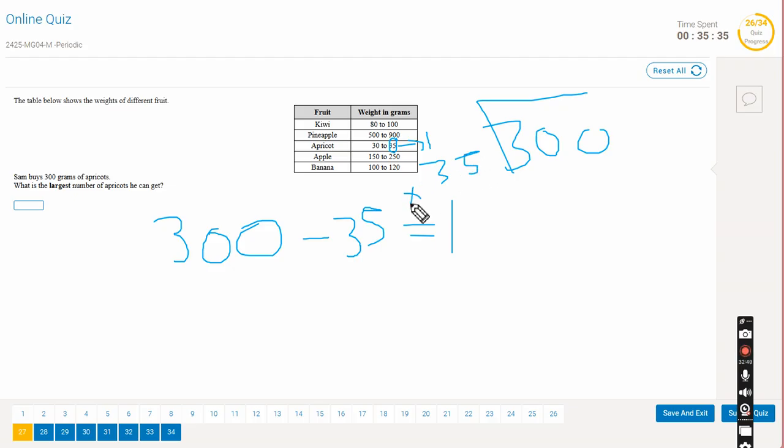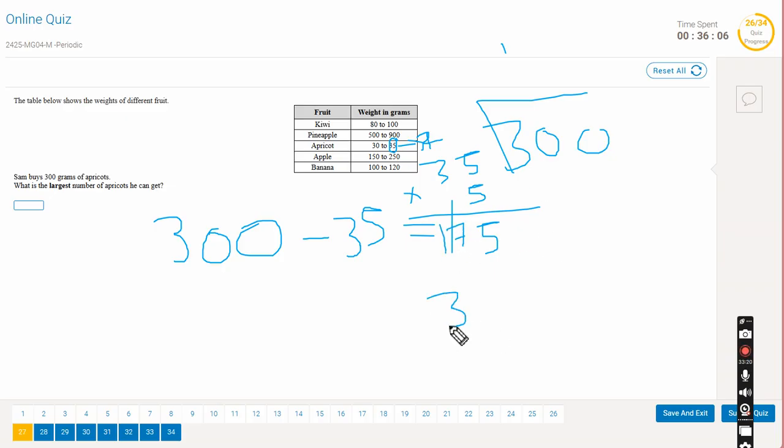So what you can do here is 35 times 5. 5 times 5 is 25, right? 5 here to above, then 5 times 15, 16, 17, 175.